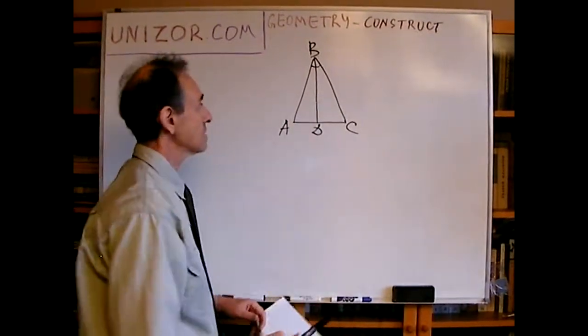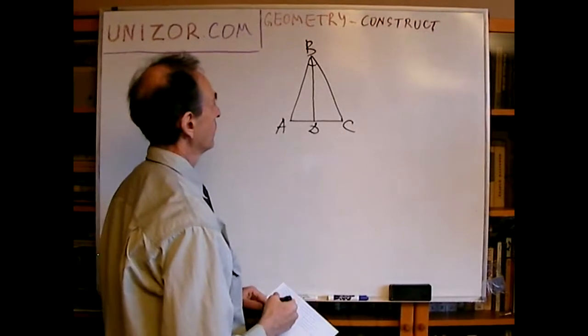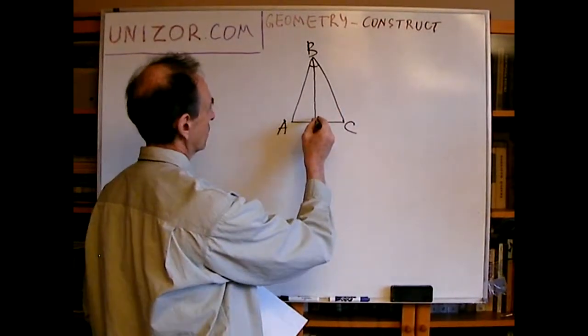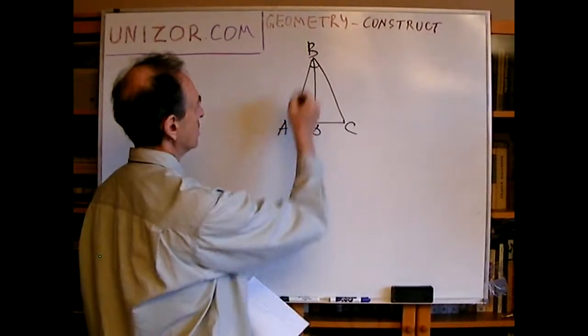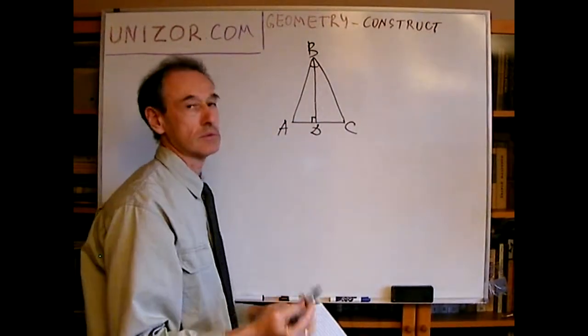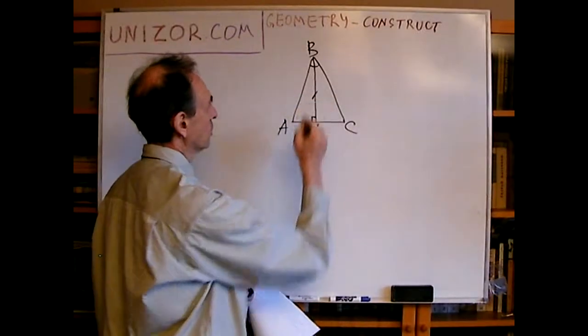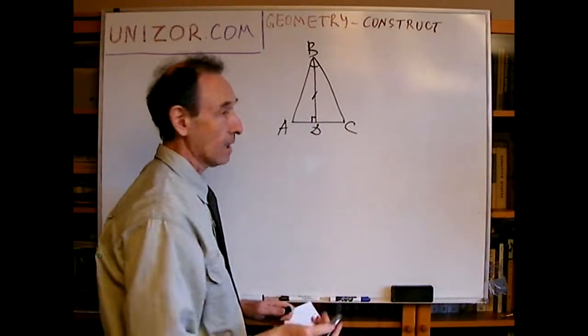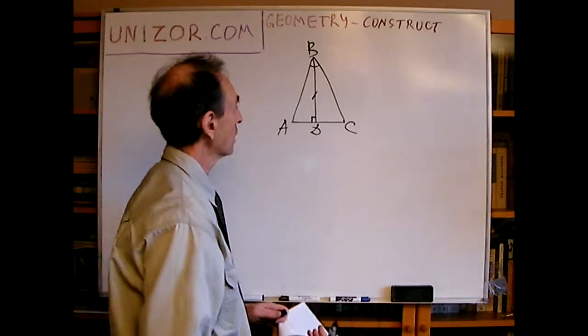So since it's bisector, consider again the right triangle and altitude. The right triangle ABD. What do we know about this right triangle? We know one catetus, the leg, because that's the altitude of the isosceles triangle.